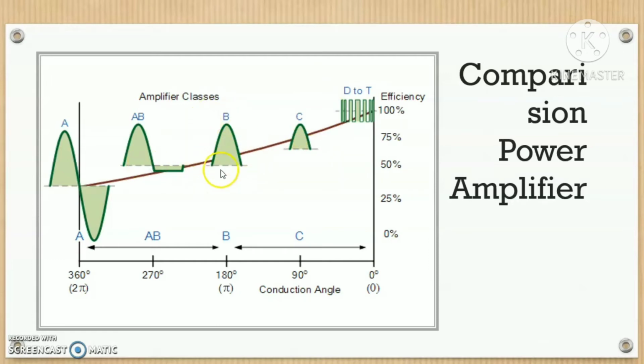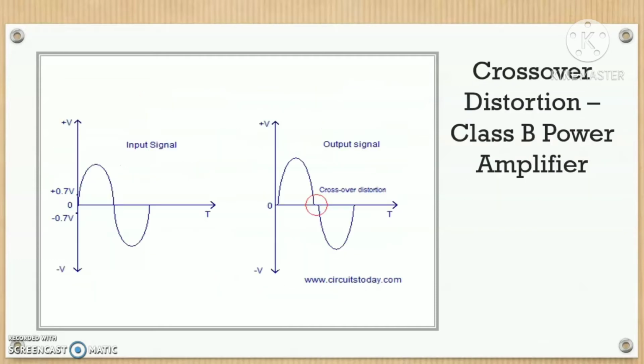The conduction angle is 180 degrees for class B, more than 180 degrees for class AB, and less than 180 degrees for class C, and the efficiency for class C is quite high. So this is the comparison of power amplifiers.